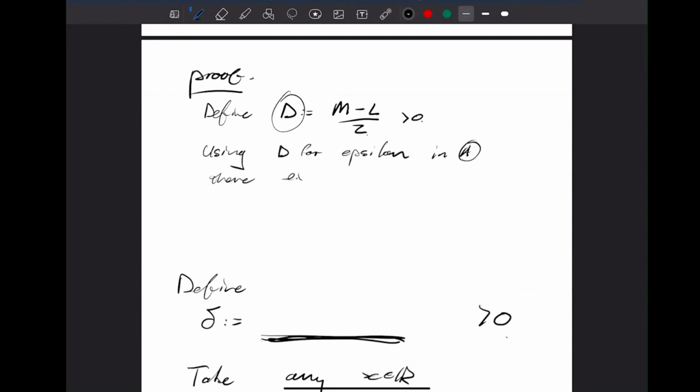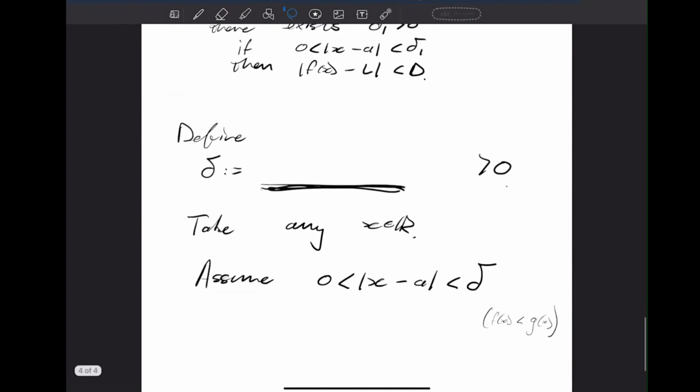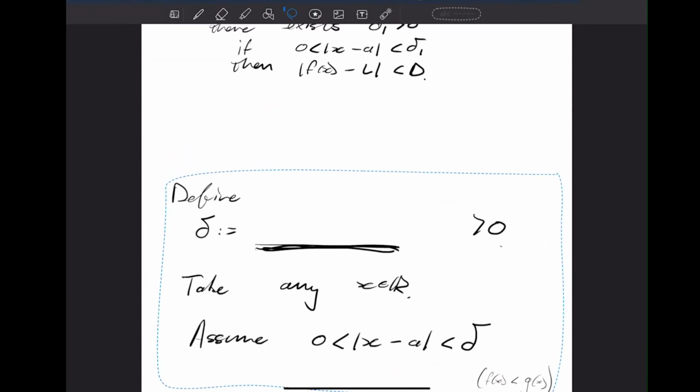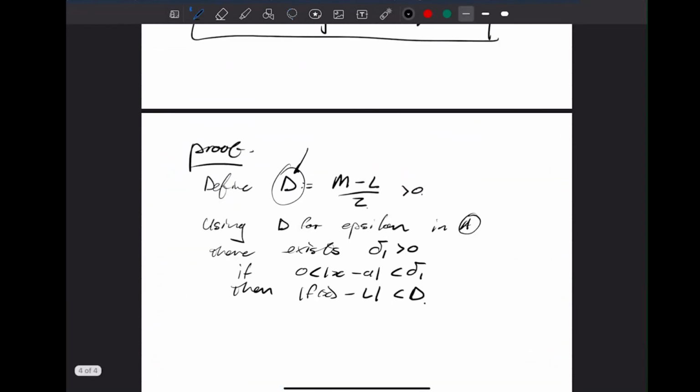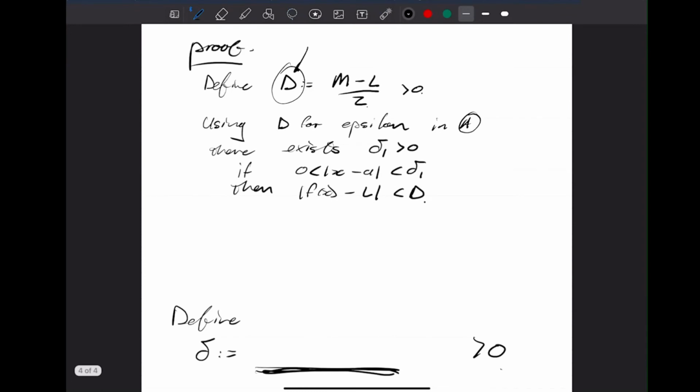There exists a delta 1 greater than 0, so that if 0 is less than absolute value of x minus a, less than delta 1, then absolute value of f of x minus L is less than d, because we paid with d. And since we paid with d, the delta that we get out works with that d.